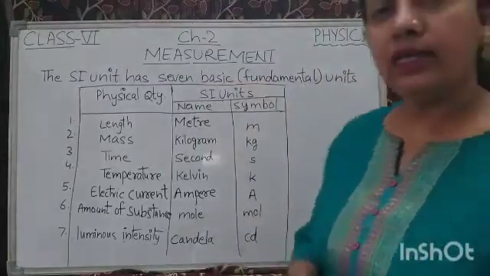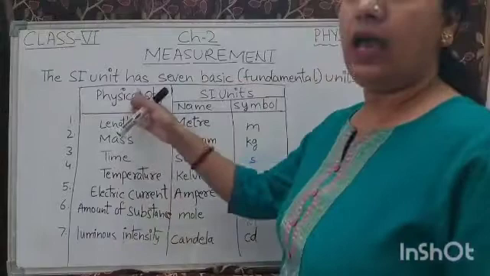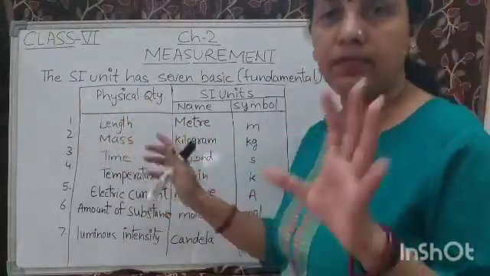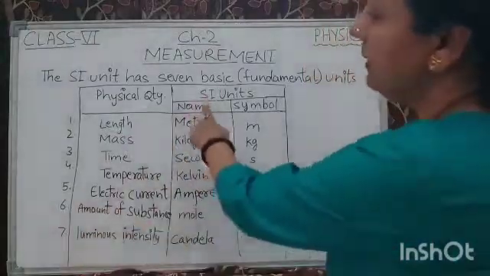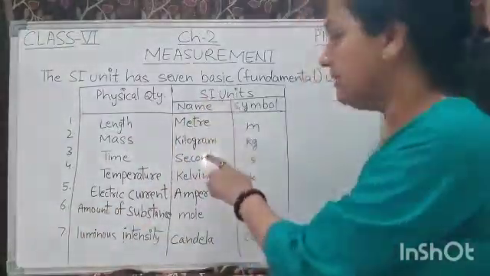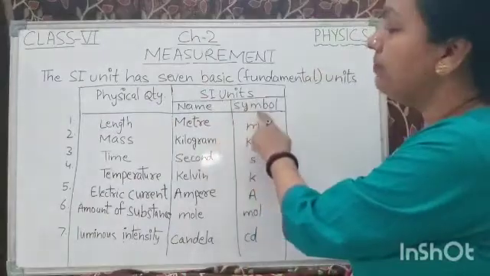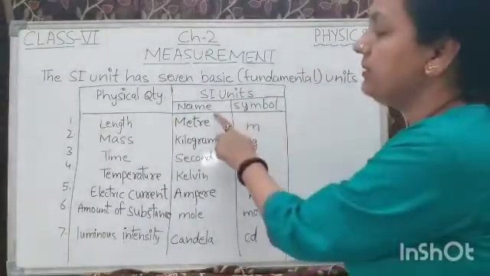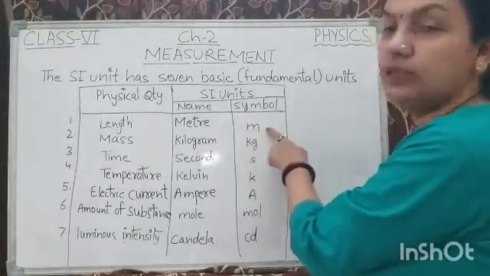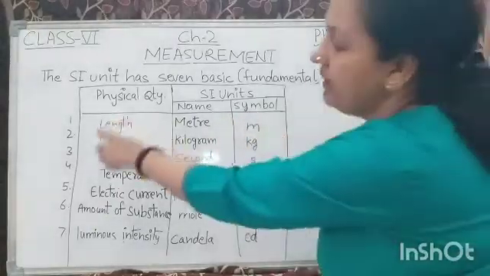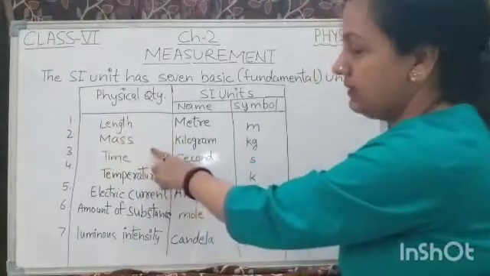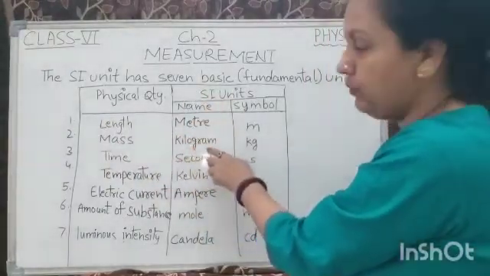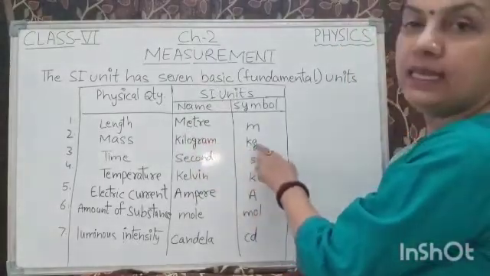Clear? What are they? Here I have written the physical quantities. Number 1, length. This is the physical quantity, and the name of the SI unit of length is meter, and the symbol for this is small m. Now our next physical quantity is mass, and its SI unit name is kilogram, which is represented by kg.